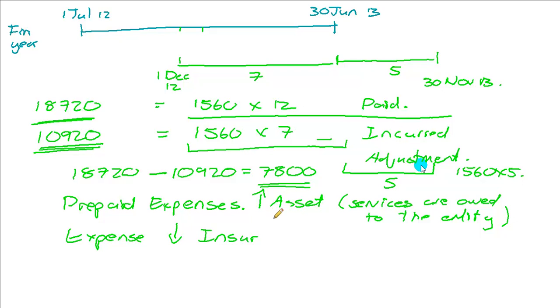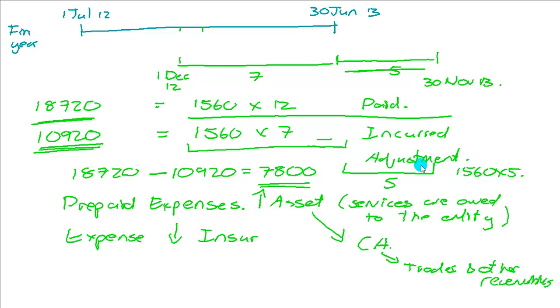Alright, so my asset needs to increase and my expense needs to decrease. Just quickly, which specific line item needs to increase here? Is it a non-current asset or a current asset? Well, because we're going to get this service within the next 5 months, right immediately after the year end, this is going to be a current asset, and it's specifically going to fall under trade and other receivables.